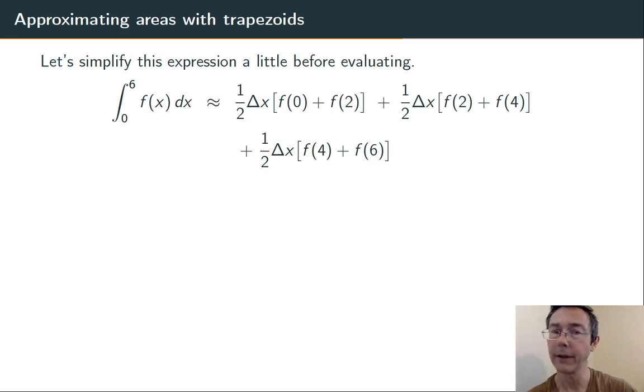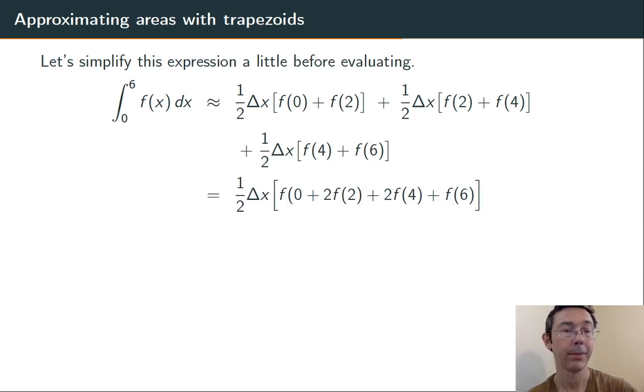Notice that they all have factors of 1/2 delta x. Let's pull those out. We've got 1 f of 0, 2 f of 2's, 2 f of 4's, and 1 f of 6. So the leftmost and rightmost endpoints, 0 and 6, are each represented once, and the other endpoints of the subintervals are each in there twice.